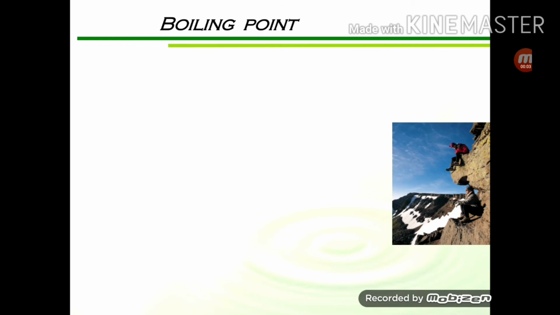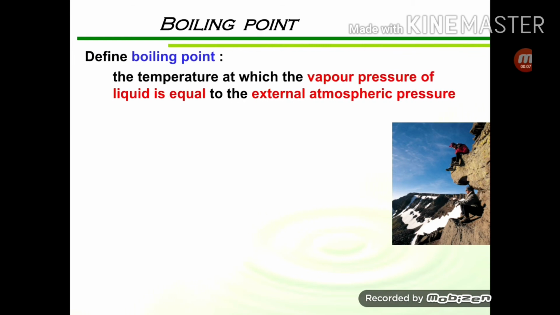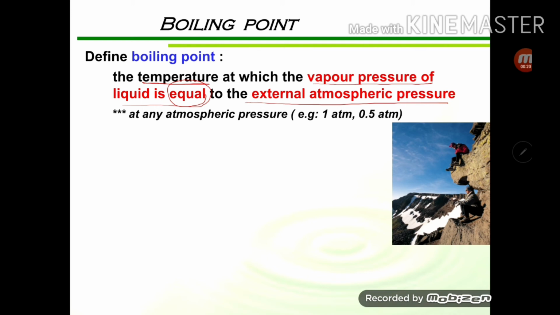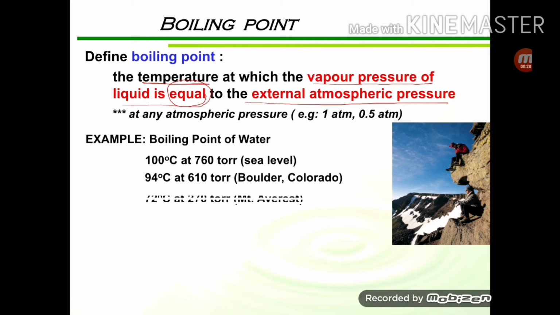Boiling point. Boiling point is the temperature at which the vapor pressure of the liquid is equal to the external atmospheric pressure. This means that the boiling point of liquid depends on the external pressure. So, for example, look at the boiling point of water.